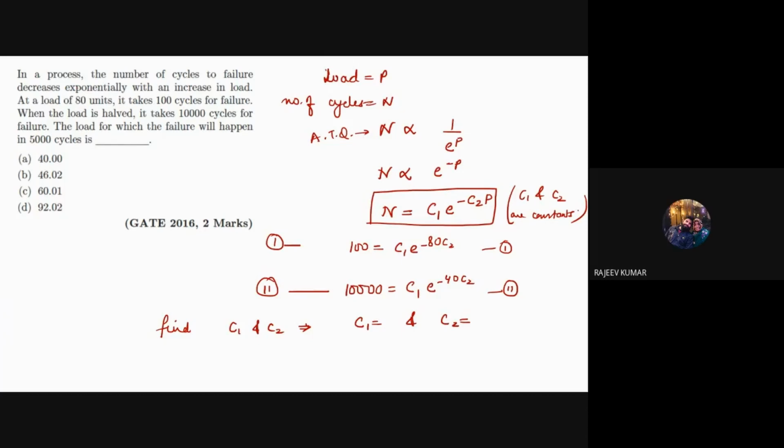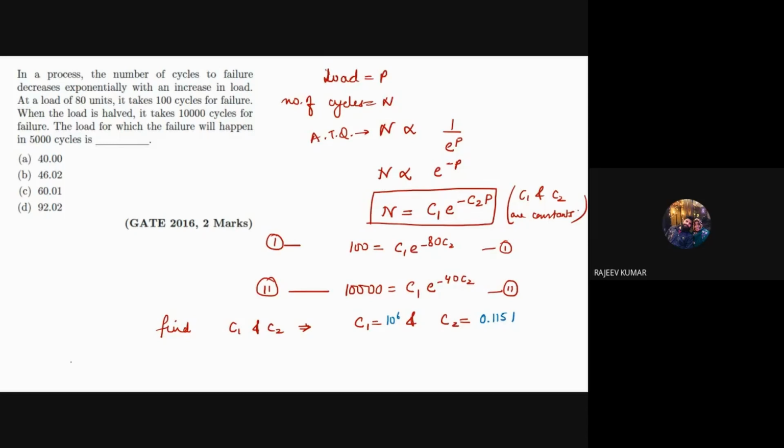See, if you solve it properly, the value of C2 that you are supposed to get is 0.1151. And C1 की जो value है, that will be around 10 raised to 6. So check it once what you are getting.